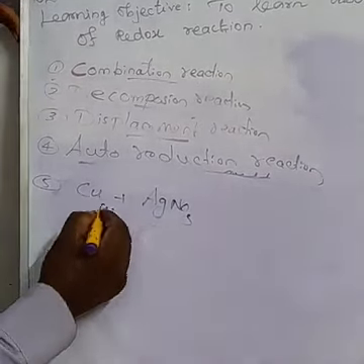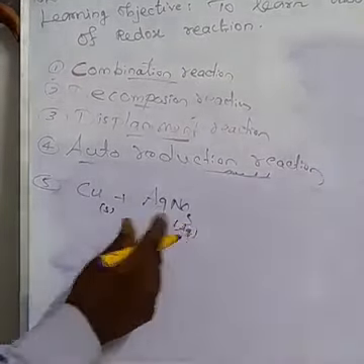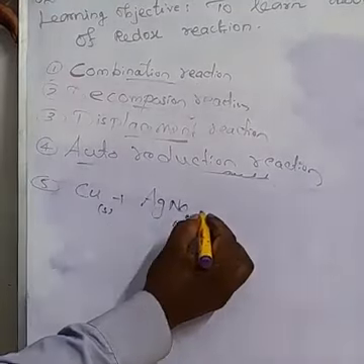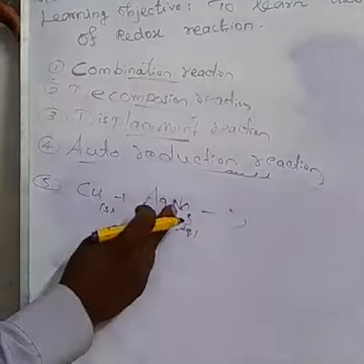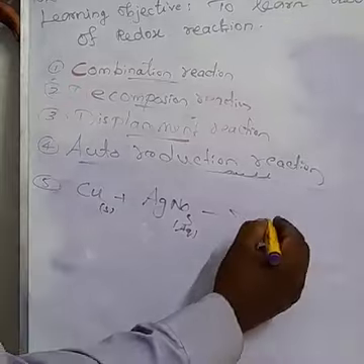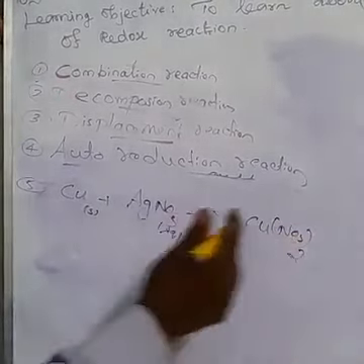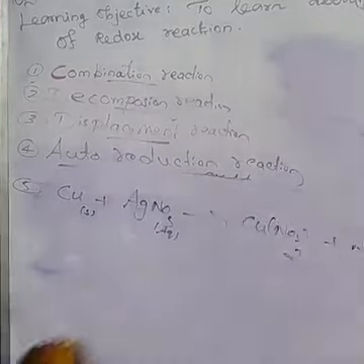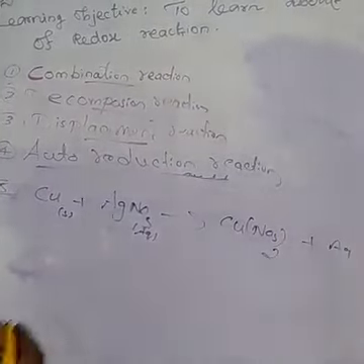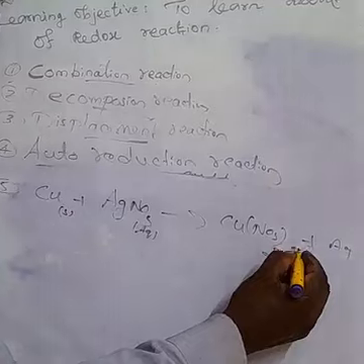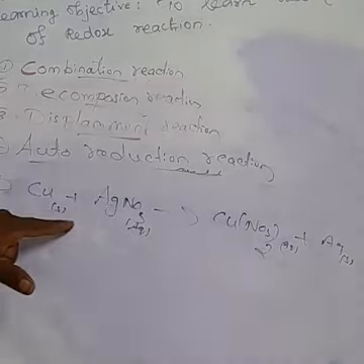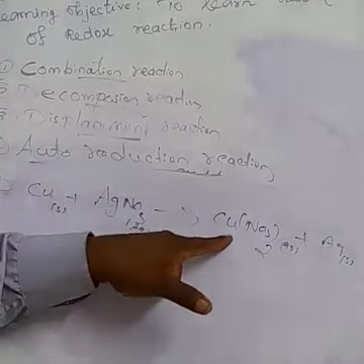This is a solid state, and this is an aqueous solution. Copper combines with nitrate to form Cu(NO3)2, copper nitrate, and silver is obtained. This is an aqueous solution, and this is a solid.